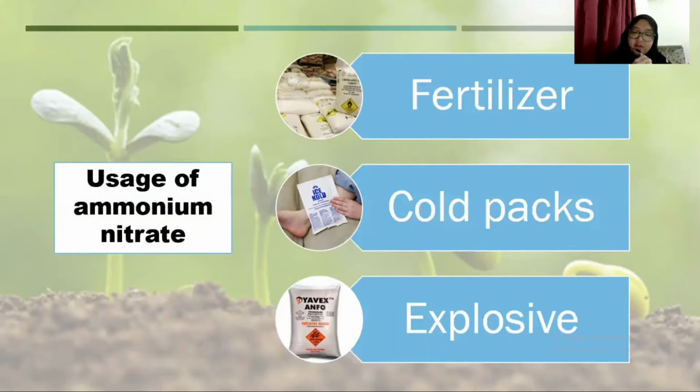In particular, ammonium nitrate is used to prepare an industrial explosive called ANFO, or ammonium nitrate fuel oil, which is composed of 94% ammonium nitrate and 6% fuel oil. But today we are going to focus more on fertilizers.